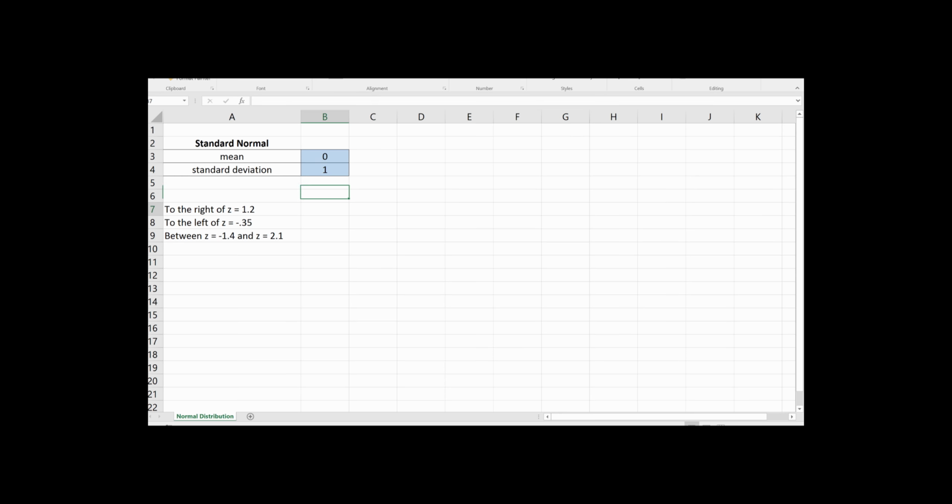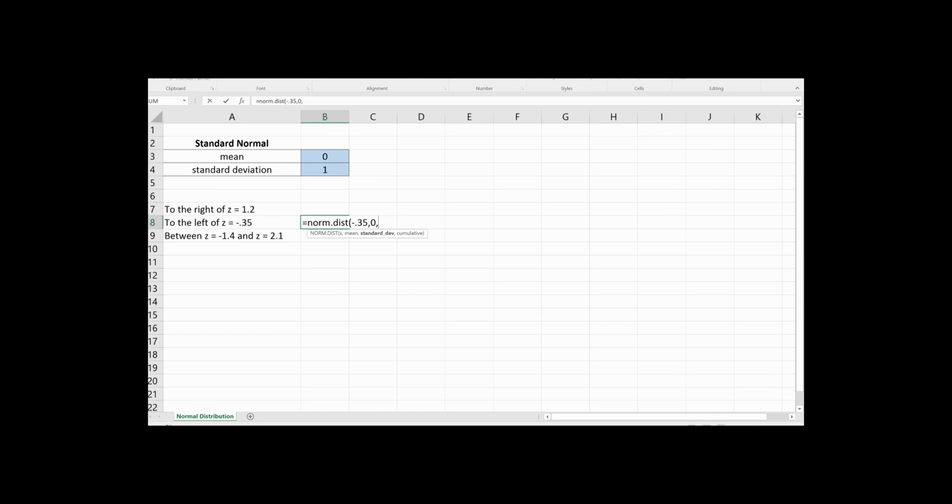Let's go to Excel, and we're going to do the following. We're going to say equal NORM.DIST, and the syntax goes like this. We go up to the value that we would like to compute. So in our case, it's negative 0.35, comma. The mean is 0, comma.